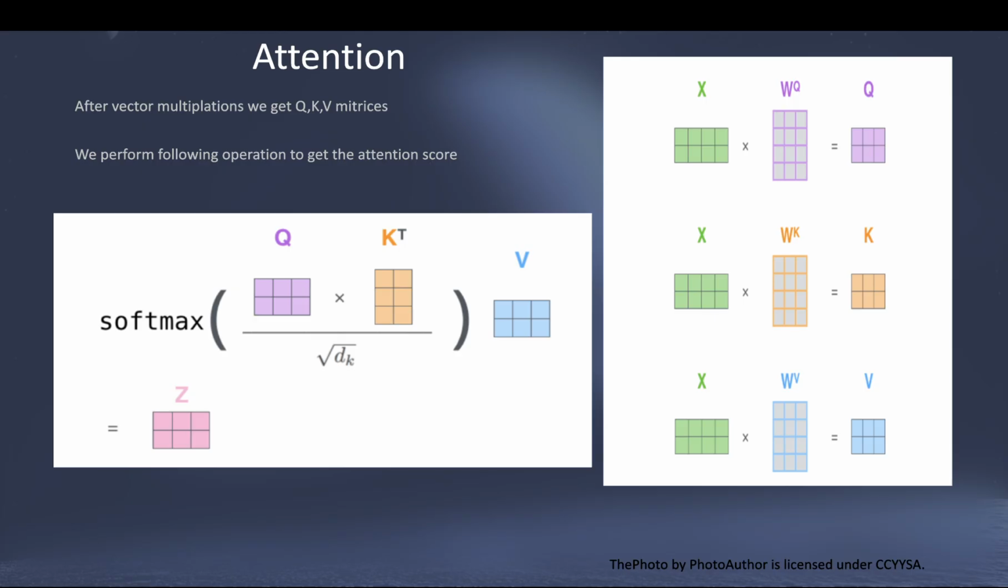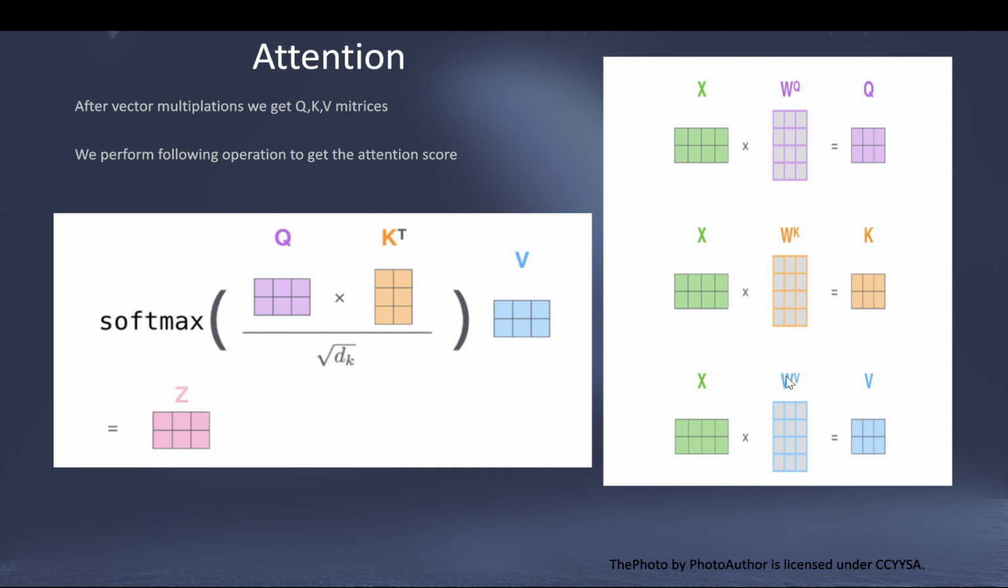So it will convert, suppose, a big number into 0.98, that kind of thing. And this v matrix is the value matrix. What is the value matrix? Apple into this filter WV will give one value matrix.